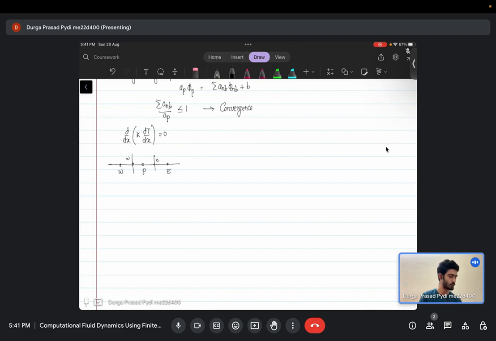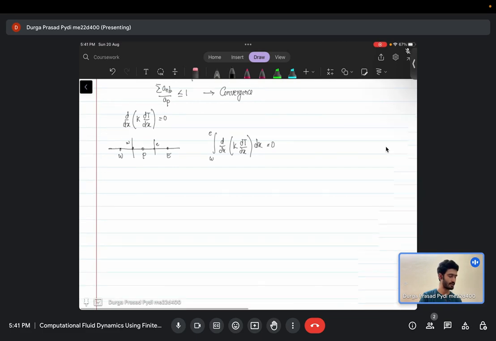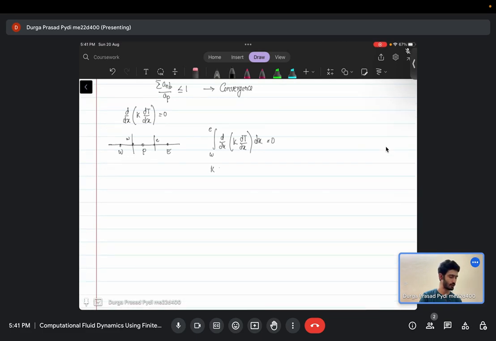If I discretize over this, from west to east, I integrate d dx of k times dT dx dx equals 0. This will again give me k times dT dx on the east face minus k times dT dx on the west face equals 0.